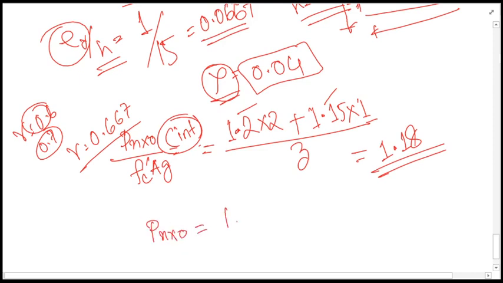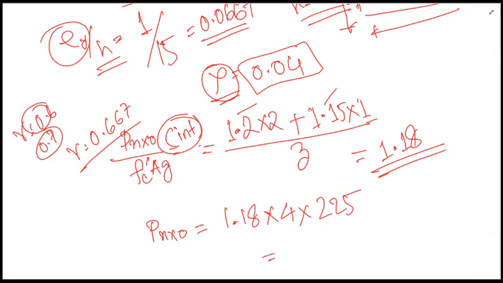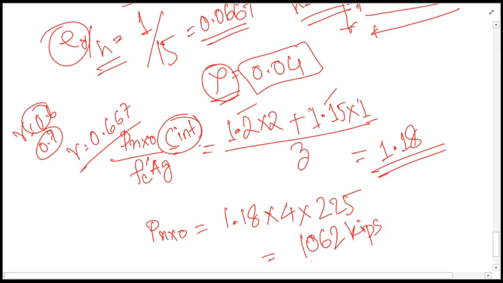That will be 1.18 multiplied by Fc prime, which is 4, and Ag is 225. If you calculate 1.18 multiplied by 4 multiplied by 225, it will give you 1062 kips. This is the value of Pnx naught.